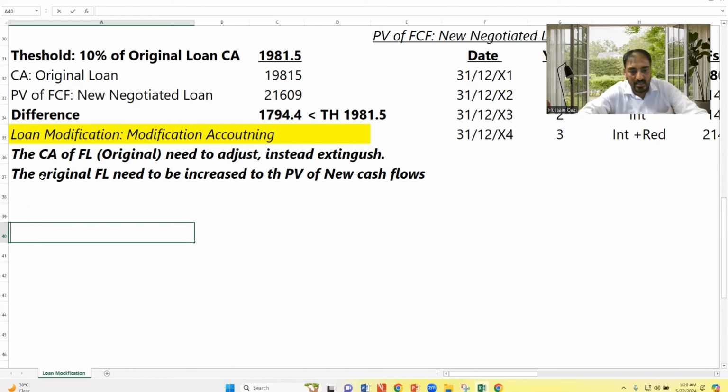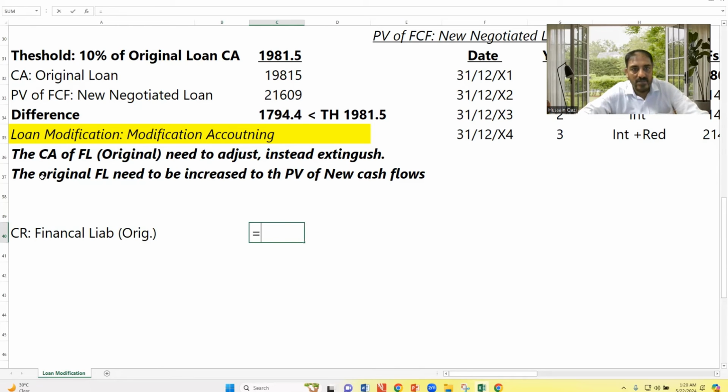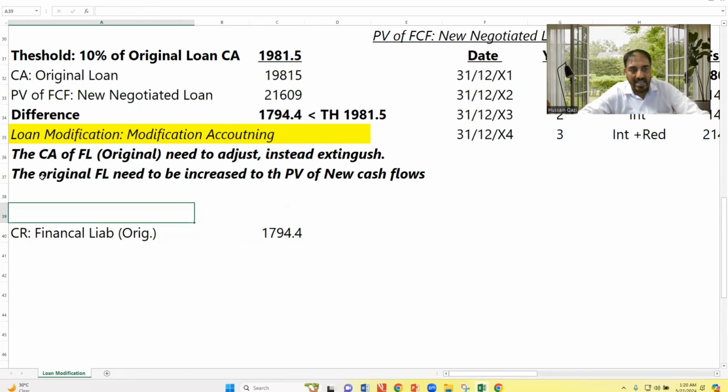We have to increase the original financial liability by 1,794. And debit, if the liability is increased, the debit should be the profit and loss account. That's P&L should be charged here.